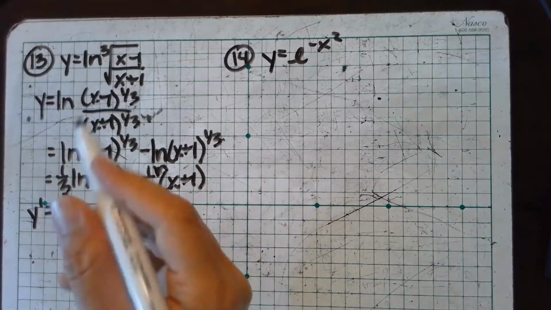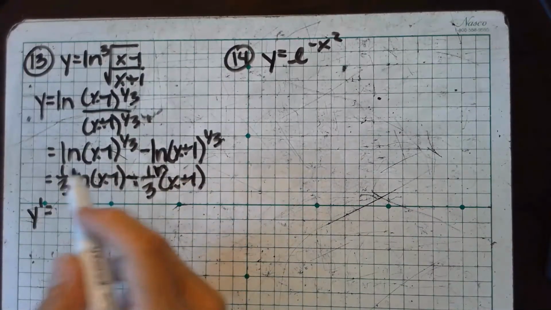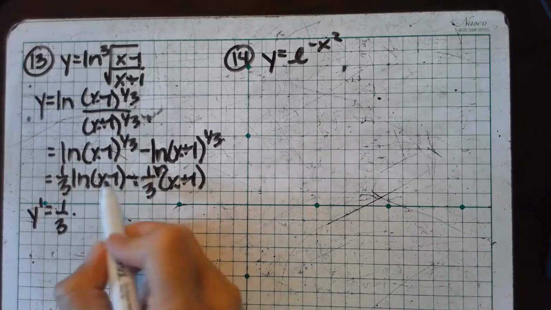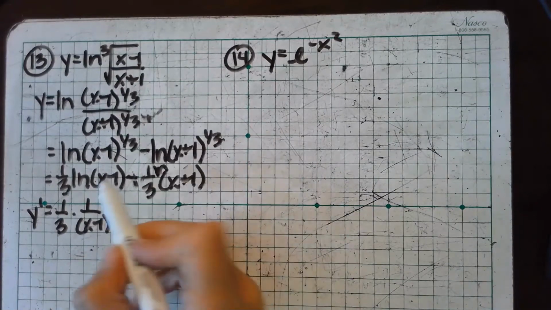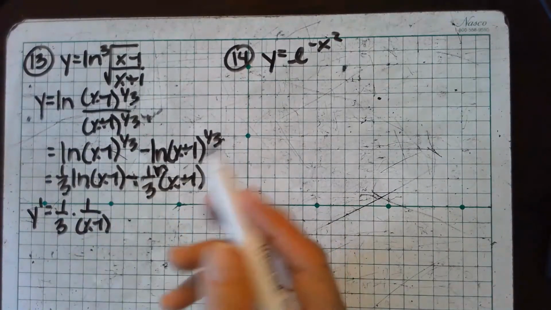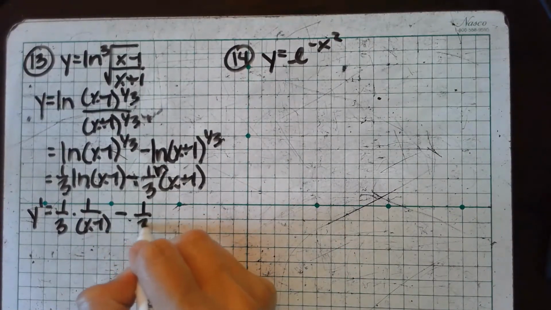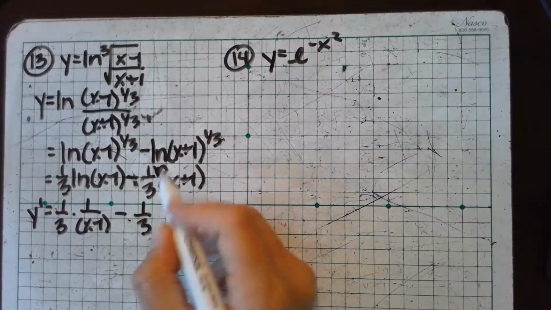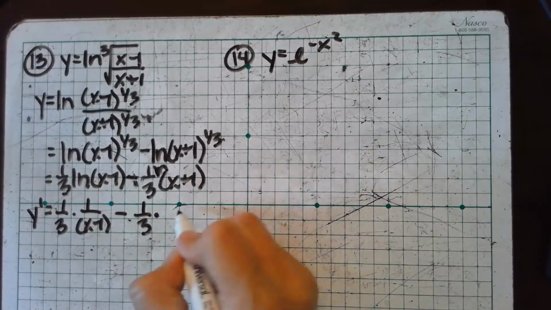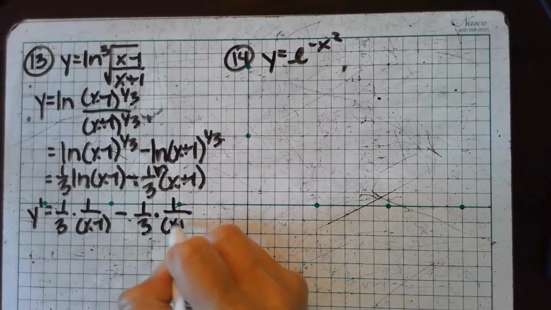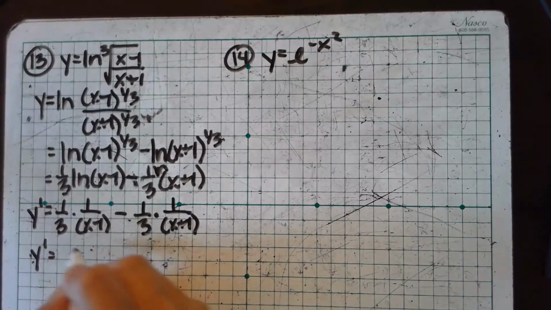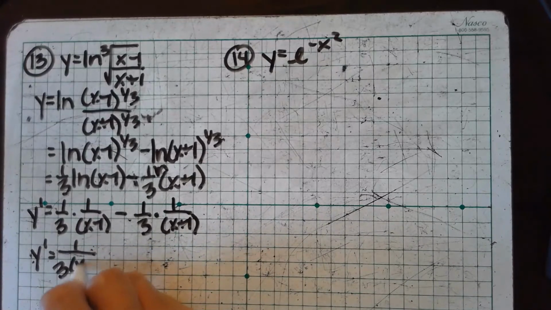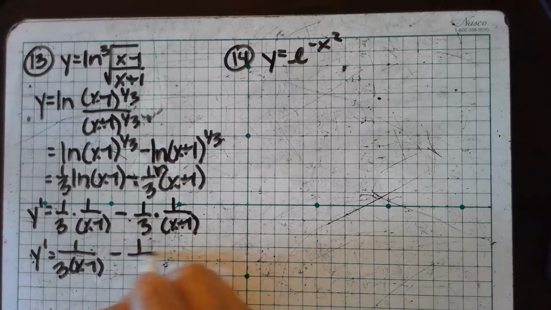So y prime is going to be 1/3 times the derivative, or 1 over x minus 1. And then the derivative of the inside is just 1, minus 1/3 times the derivative of ln of x plus 1, which is 1 over x plus 1. So y prime is 1 over 3 times x minus 1, minus 1 over 3 times x plus 1.